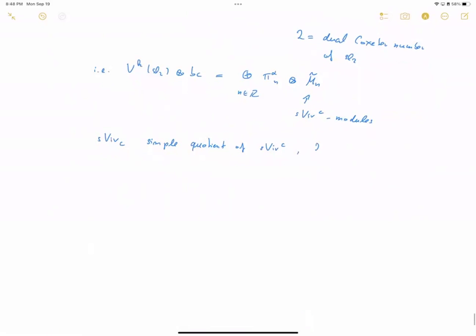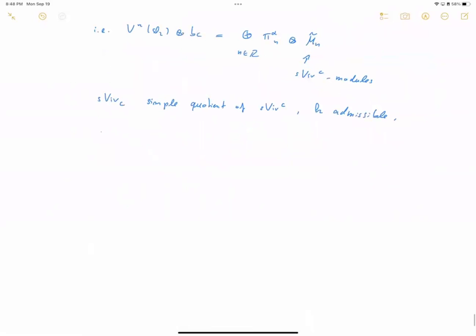And now it turns out the two agree unless I take k to be admissible. But in this admissible case, one has a similar type decomposition, just that now it's not the universal. I mean, it's the simple super-Virasoro algebra that acts.